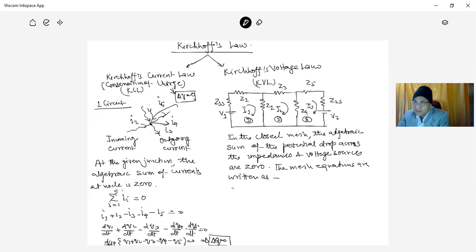written as, this is I1 Z11 plus I2 Z12 plus I3 Z13 is equal to V1.